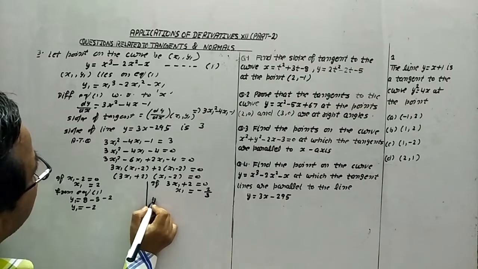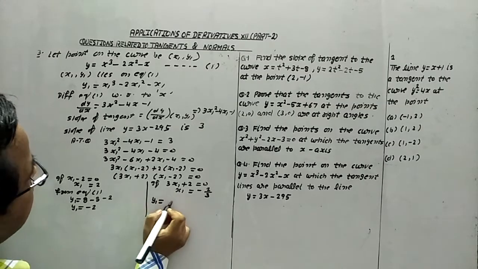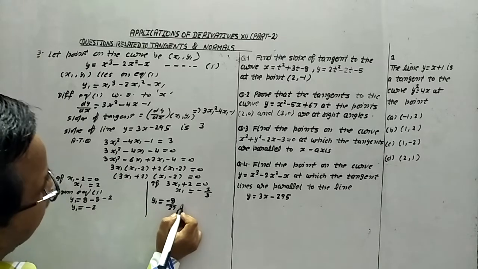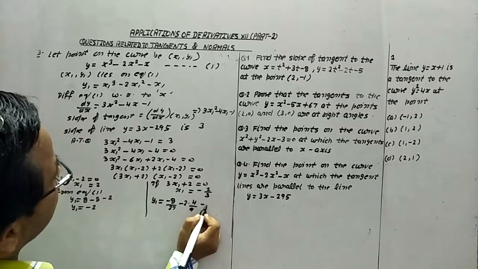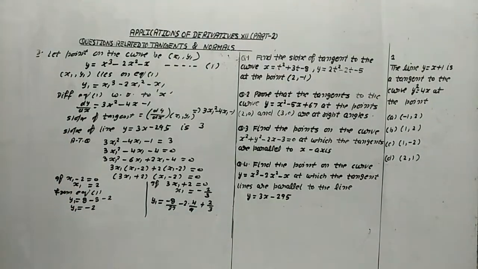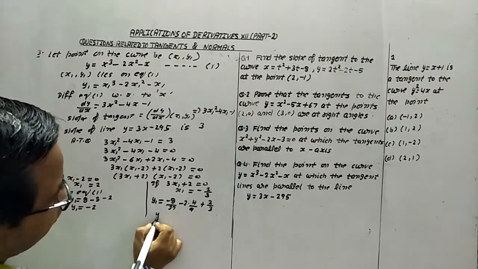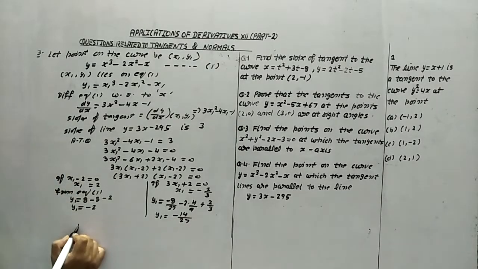From equation 1, y1 becomes minus 8 upon 27, and this is minus 2 into 4 upon 9, and this is minus minus plus 2 upon 3. So after calculation we will get y1 is equal to minus 14 upon 27.